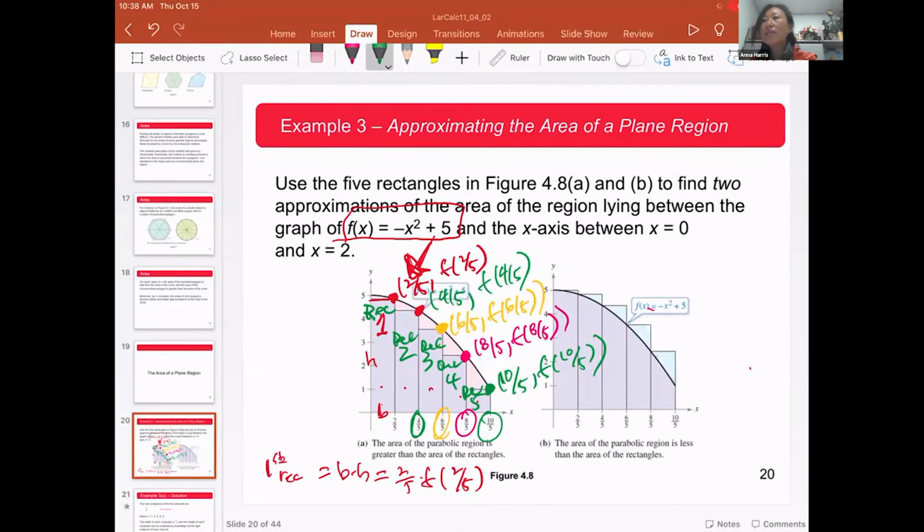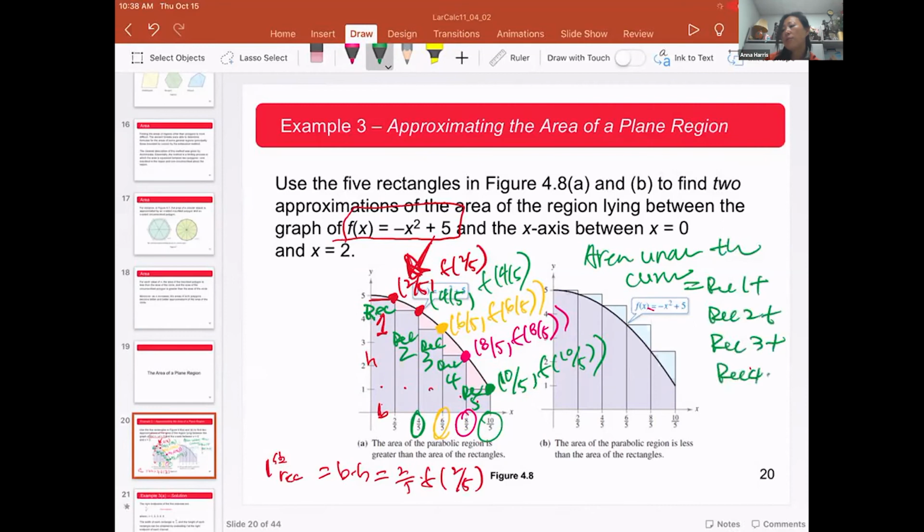They are actually a little bit smaller than the real curve, but I can find an approximation of the curve. So the area under the curve, in this case, I'm using rectangle 1 plus rectangle 2 plus rectangle 3 plus all the way to rectangle 4 plus rectangle 5.